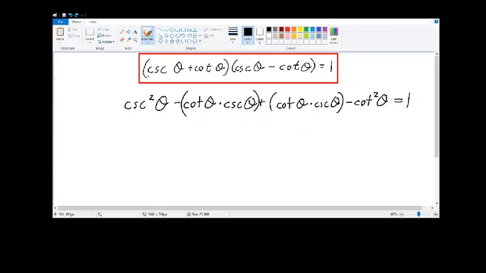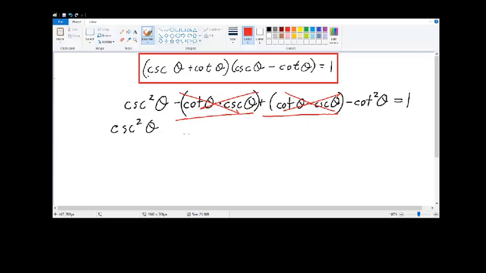So we're just going to drop this down as is because we can't do anything with it. Here we have a positive and a negative of cotangent times cosecant. And of course, when we have the same number as a positive and negative, we are able to cross them out because they cancel each other out. So those don't drop. And so we immediately simplify this equation into something much, much smaller.